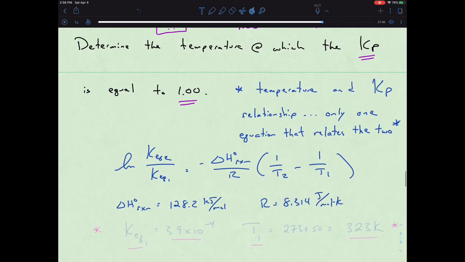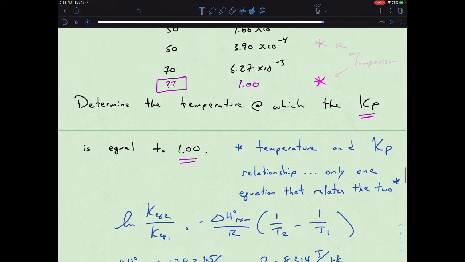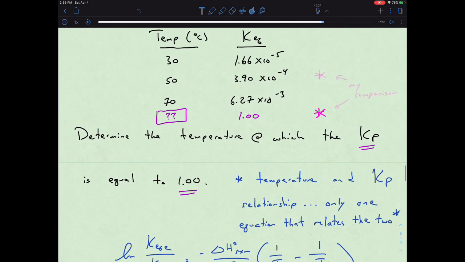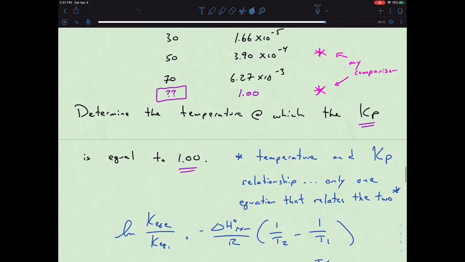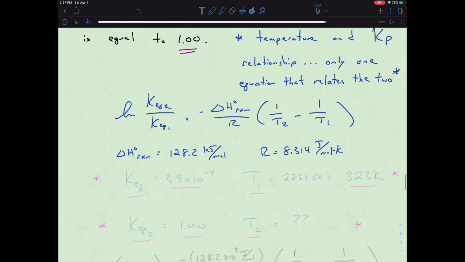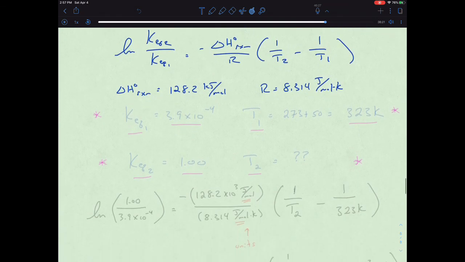So in going up to the table, we really could pick any of the trials if we want. I'm just going to pick trial 4, I guess you could say, versus trial 2. But you could pick the 30, the 50, or the 70 in terms of temperature, and their respective equilibrium constants to relate it to the question at hand, which is what is the temperature at our equilibrium value of 1.00.